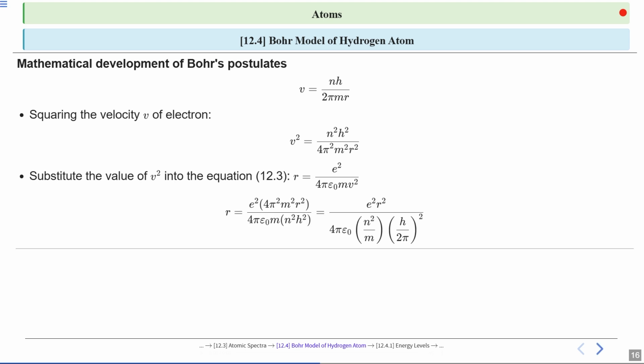So after substitution, we get a more complex expression for r, showing the radius depends upon n, h, m, e and epsilon naught. So r becomes e square 4 pi square m square r square upon 4 pi epsilon naught m n square h square. And after solving it and rearranging, it will become e square r square upon 4 pi epsilon naught, n square by m multiplied by h by 2 pi whole square.